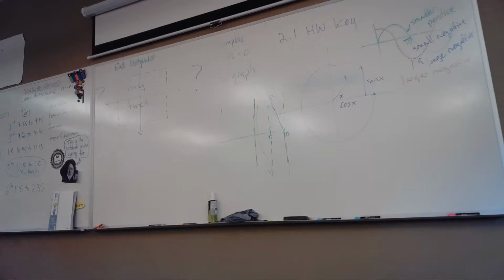Y equals some quadratic function. Inside the blue box, it's got a U shape because it's quadratic, and it's got a vertex, and it's got some intercepts, and it's either flat or it's narrow or it's upside down. We know that.